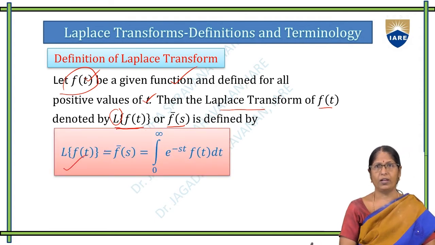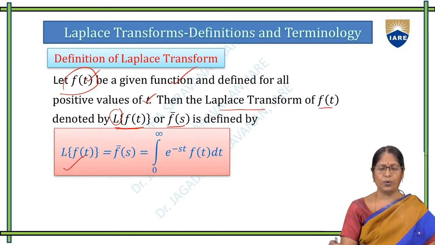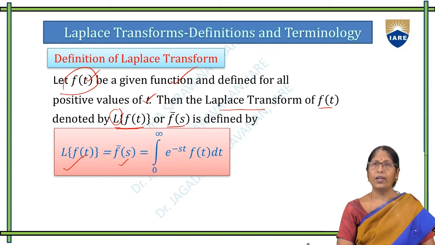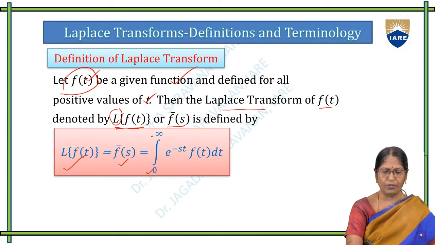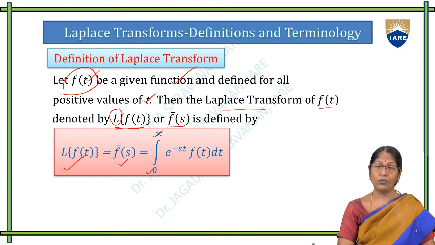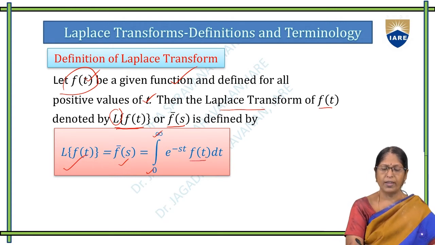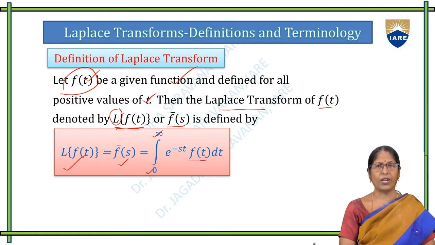It is defined by L of f of t, which is equal to f bar of s, equal to the integral from 0 to infinity. From 0 to infinity, we have to do the integration. In the general formula, we have taken f of t.